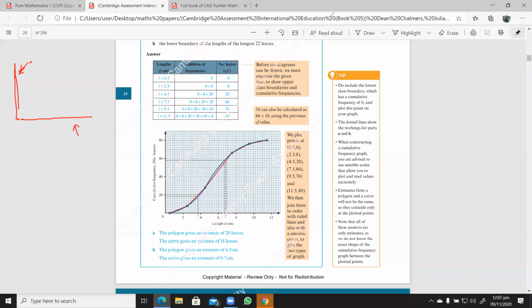Can someone tell us what we mean by the cumulative frequency? Should I name a particular student? Okay, Alina Tahir, what do you mean by cumulative frequency?